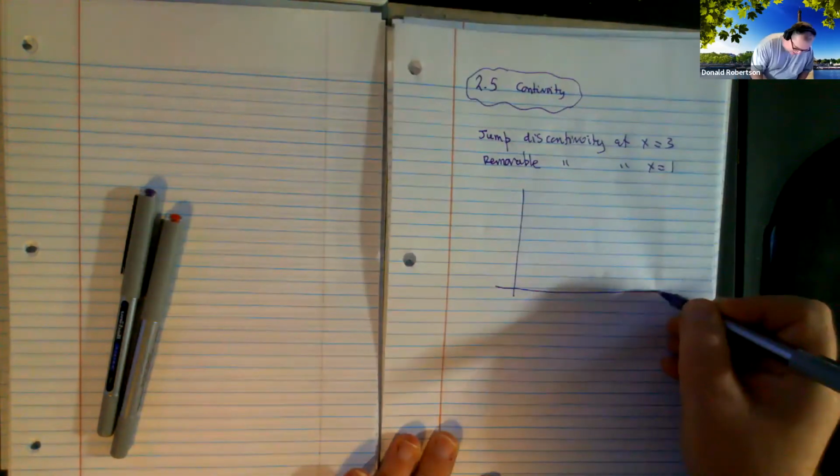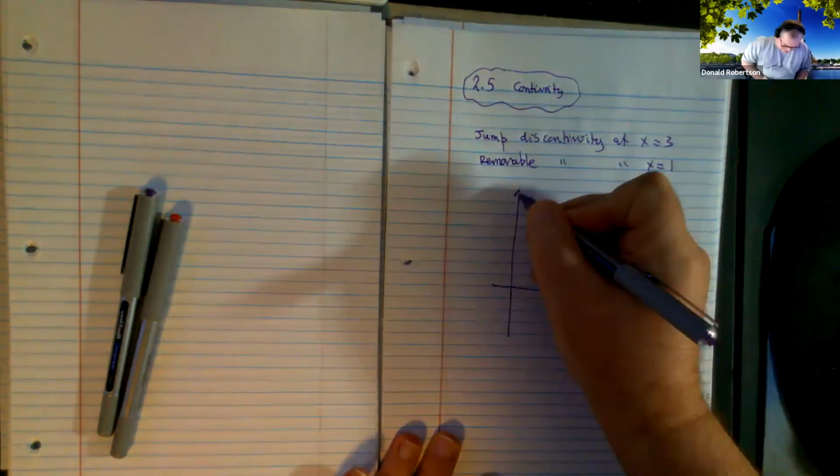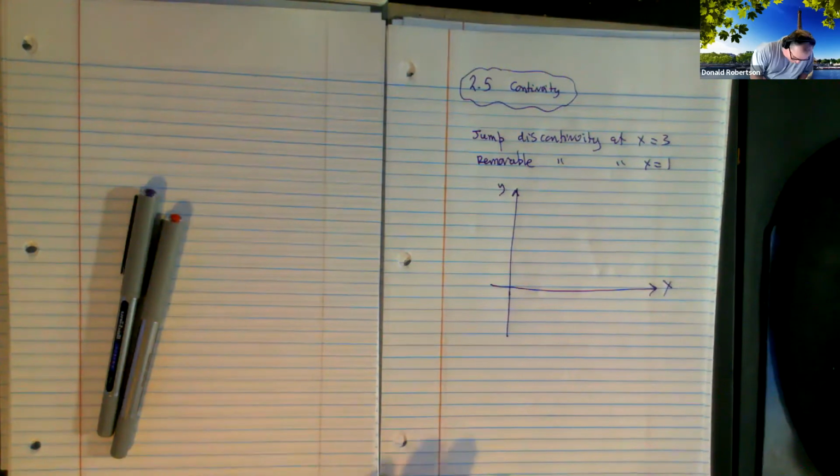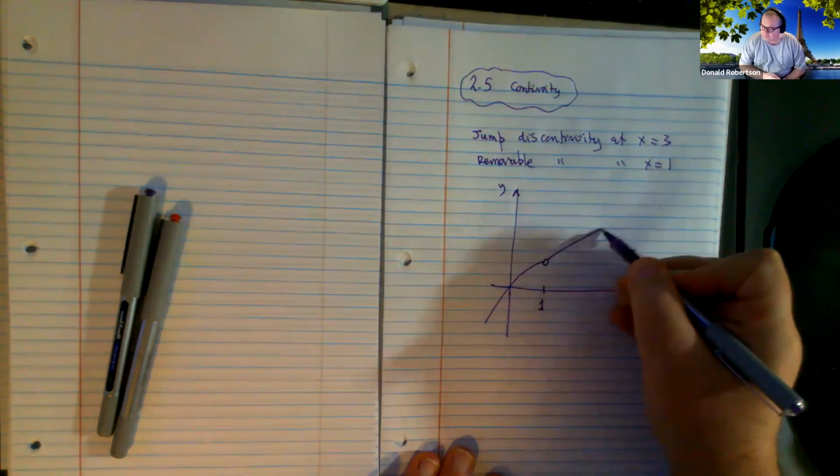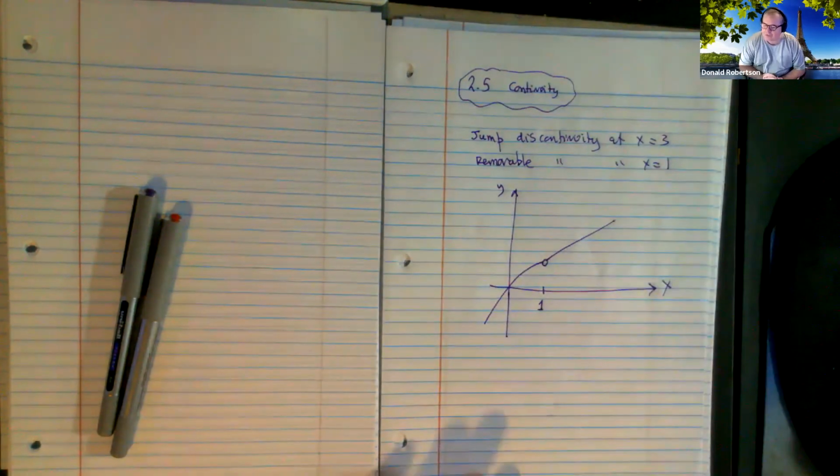And I said, I want you to draw a sketch that has these 2 features. There are literally an infinite number of correct answers. Right, at x equals 1, I want a removable discontinuity. Couldn't I do that? You agree? Isn't that what a removable discontinuity at x equals 1 looks like?